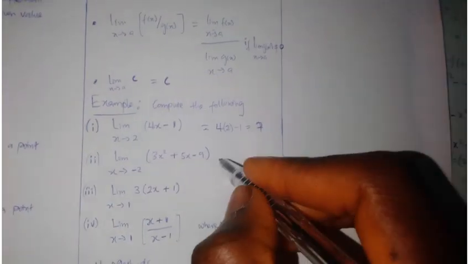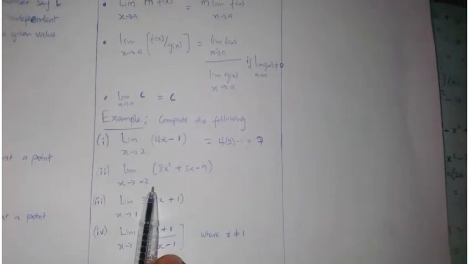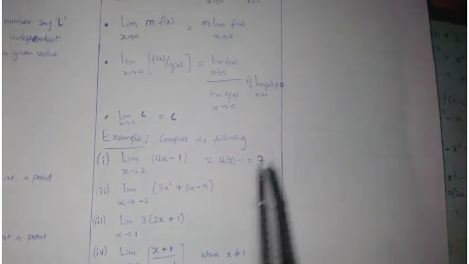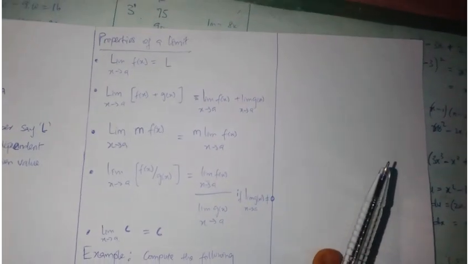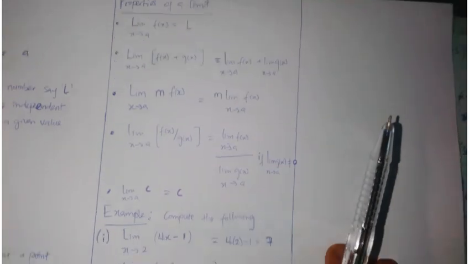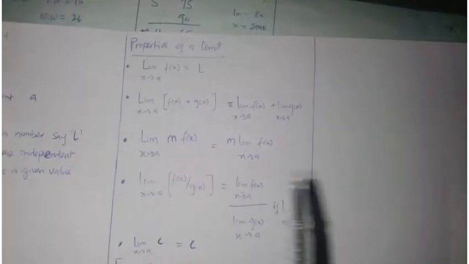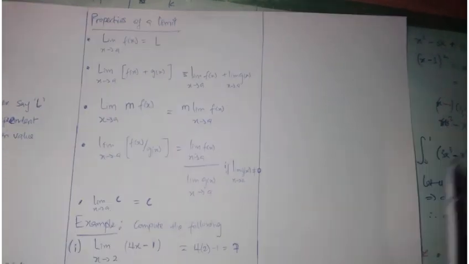Now, number 2 question says: limit as x tends to minus 2 of this. The one I just solved is like the first property, where my L now is 7. For this number 2, it is like the second property, where you have to split it into their respective limits.